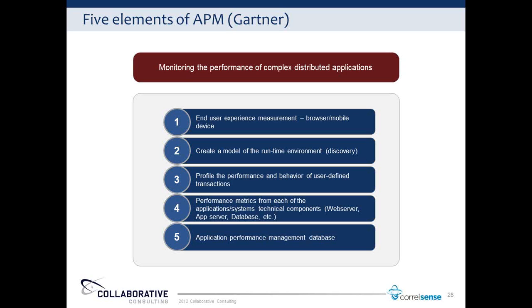So this way, you can identify it from the user with some poor transactions and start digging into it. Gartner has defined basically 5 components today of application performance monitoring. And it's basically the components, again, user experience from a browser or mobile device.